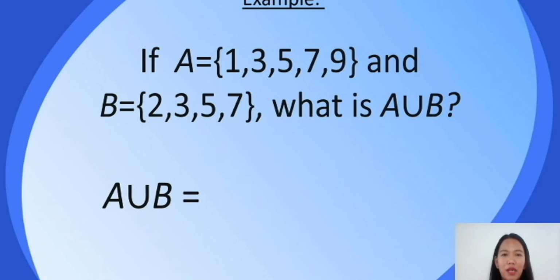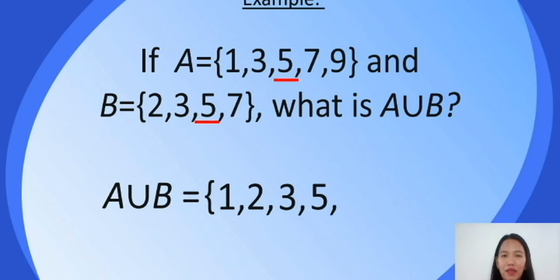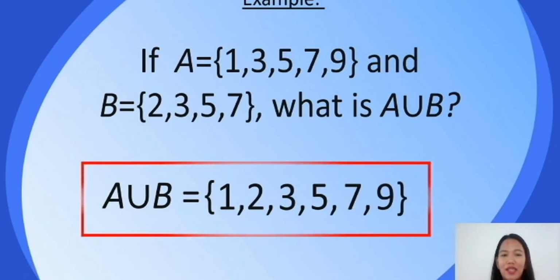So, A union B is equal to 1, 2, 3, 5, 7, and 9. So this is our A union B.